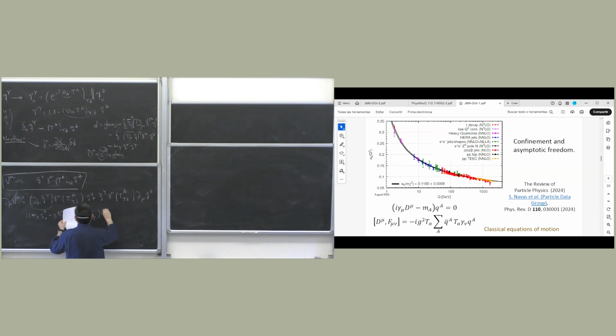Then we have here T a y z, then we have q z alpha plus. Okay, this is what I was telling you. So it appears the mass, but we have some gluon stuff.